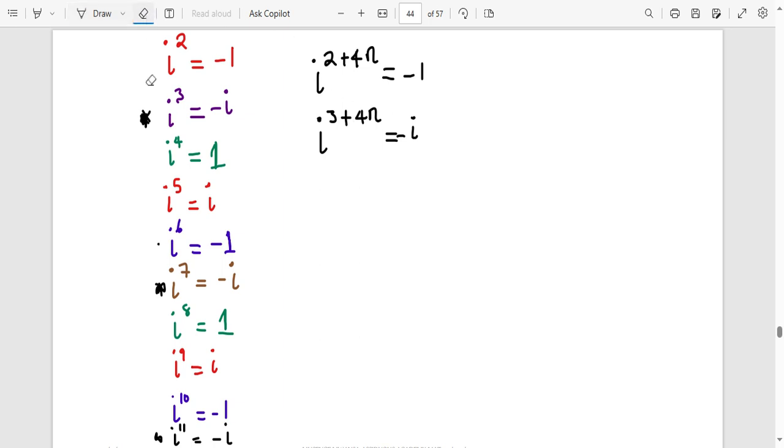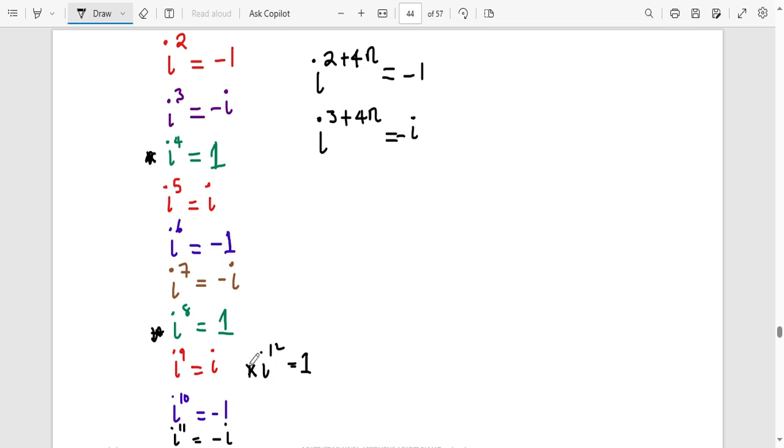Okay, good. Let's go to what is giving us a 1. Apart from i to the power 4, what else is giving us a 1? i to the power 8. Another one which will give us i to the power 12 will also give us a positive 1.